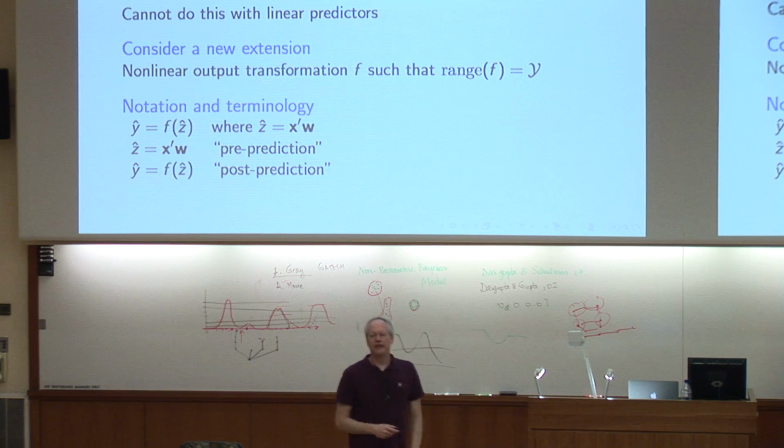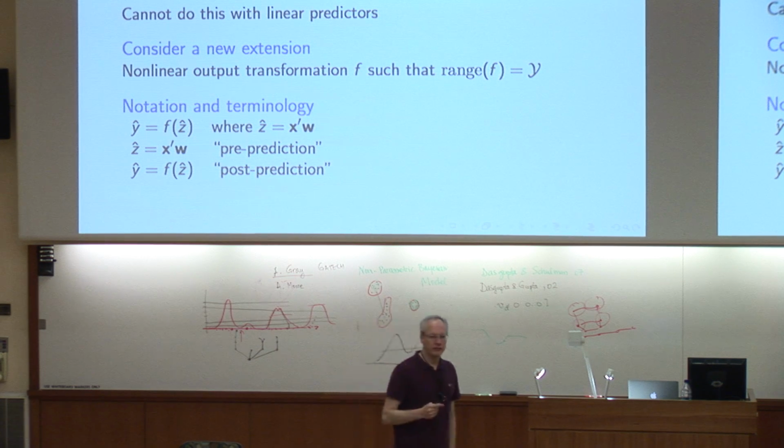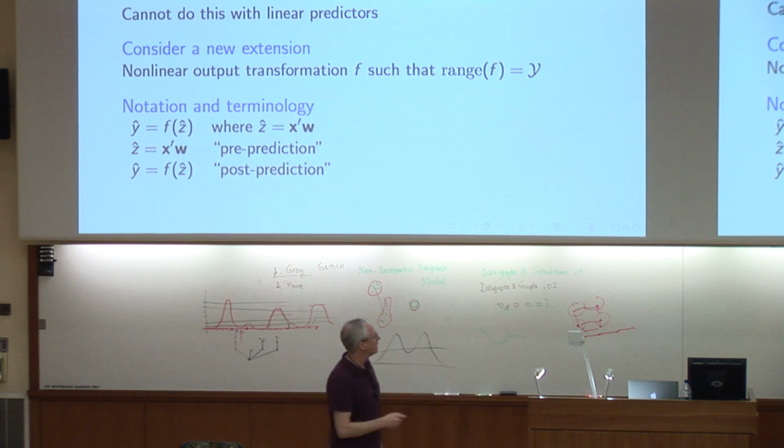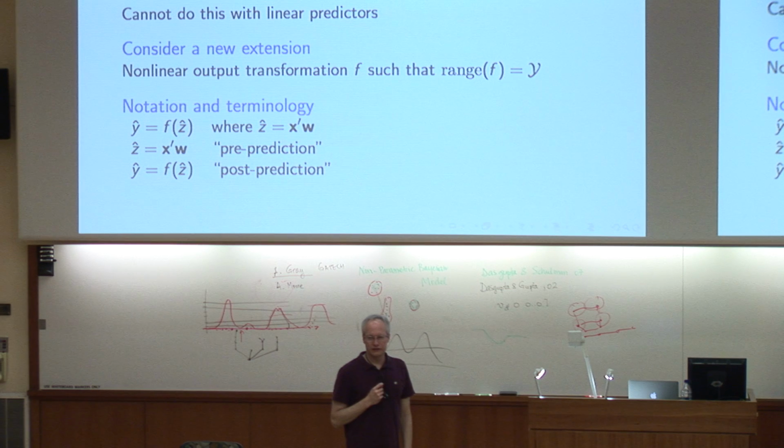Well, it turns out, though, that there's a simple, elegant, perhaps right way to do this that obviates all of these issues, okay? All we have to do is generalize our model with one simple step, okay? And that one simple step is forget about linear, right? What we need are nonlinear predictors, okay?